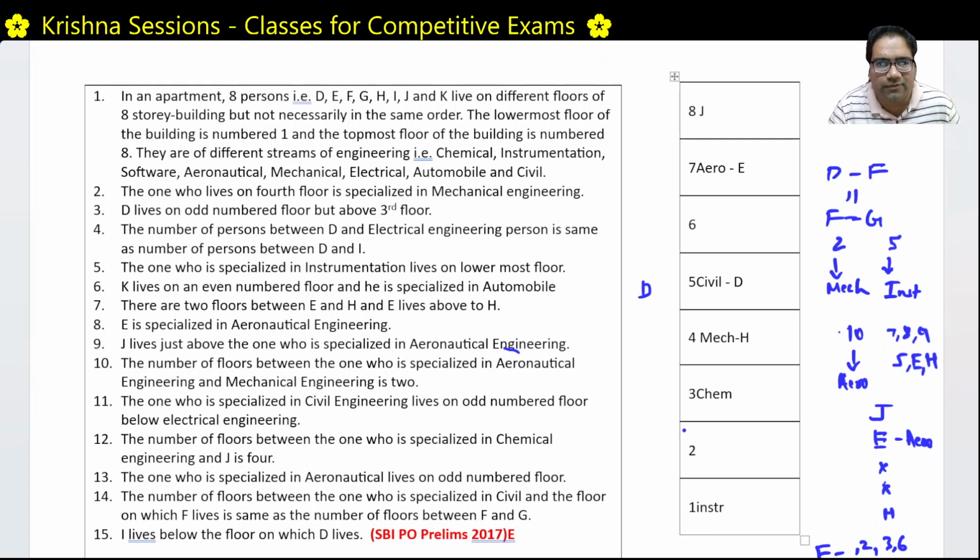F second position: if F takes this, then again G has to take this only, because there is nothing below F. Then we need 2 slots between F and G, so G again has to take this, which is not possible. This is already taken by D, so the second slot is also gone.